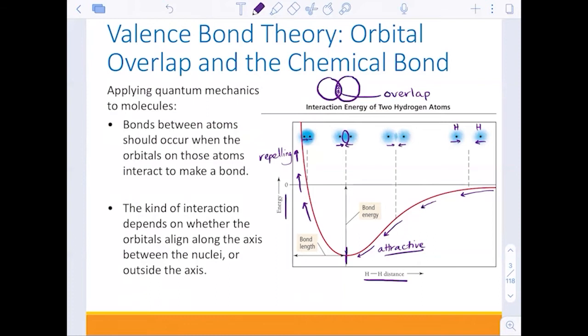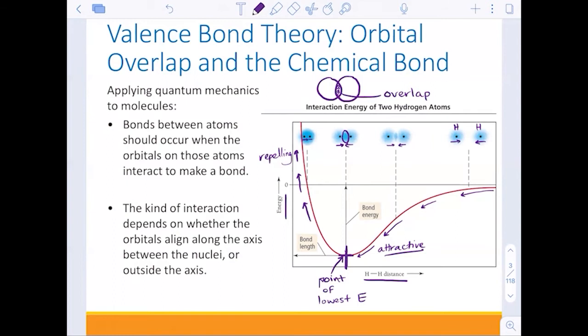There's what we call the perfect sweet spot right here, the point of lowest energy, where that point occurs corresponds to the actual bond energy and the bond length.